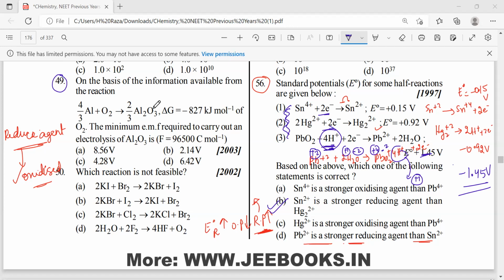Sir, answer is B, 2.14. Answer is B. Very good. 2.14 volt. Very good.